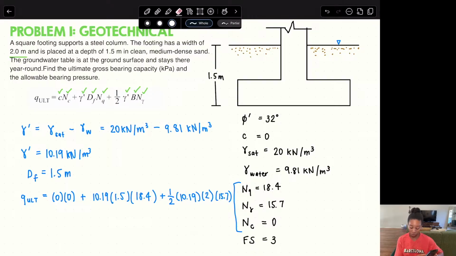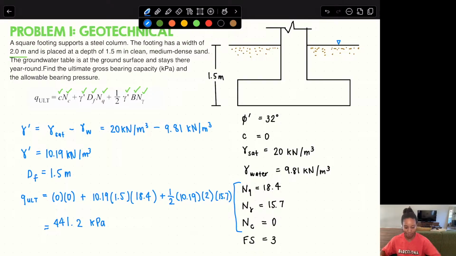This is good practice because the better you get at using your calculator, the faster you get to go on the exam. On the exam, you're going to have about 3 minutes per question, so you want to make sure that you're able to answer these questions in 3 minutes or less. So feel free, if I'm going too slow, to work faster than I am, but I am getting, yes, 441, thanks John, 441.2 kPa.